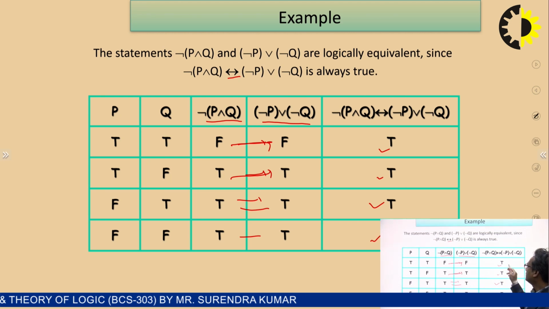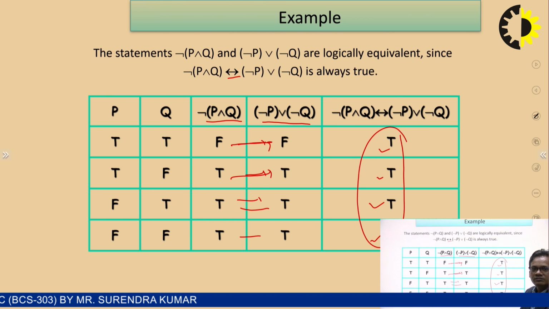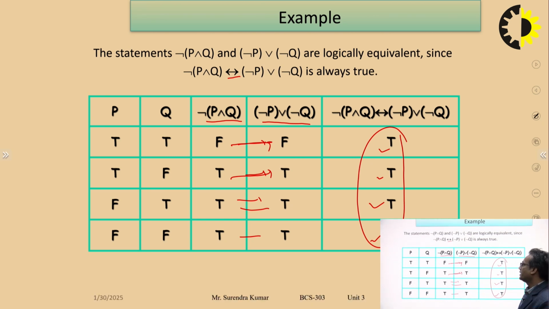That means all the entries in this column are true, so they are logically equivalent with the help of the double implication or biconditional statement. So we can say this statement is logically equivalent to this statement, or this is called a tautology, right.